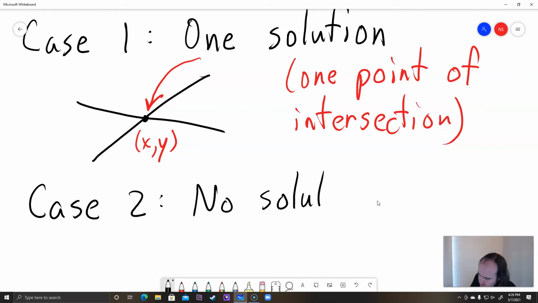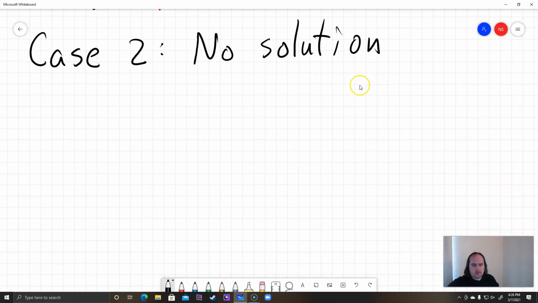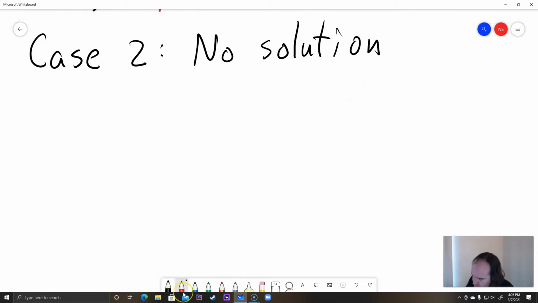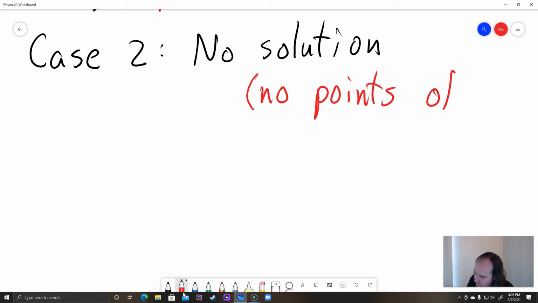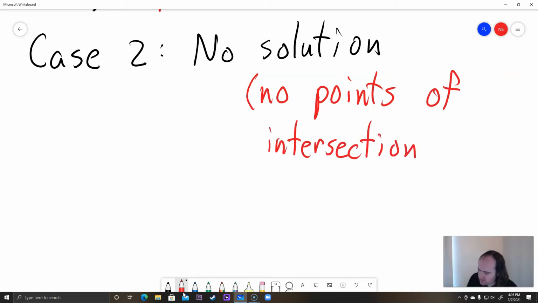But what is that going to look like graphically? No solution means you're going to have no points of intersection. So you have 2 lines, but there's no points of intersection. Okay, that's how you get an equation that's never true, because the lines never intersect.